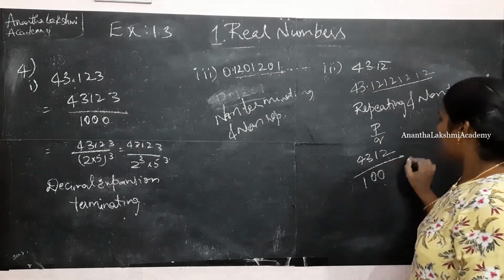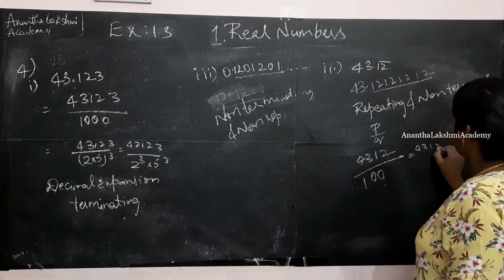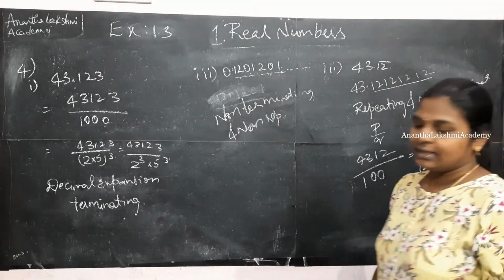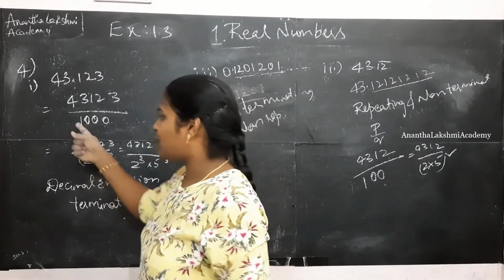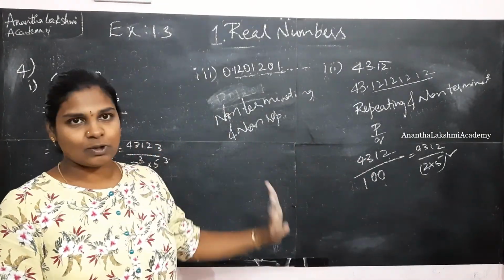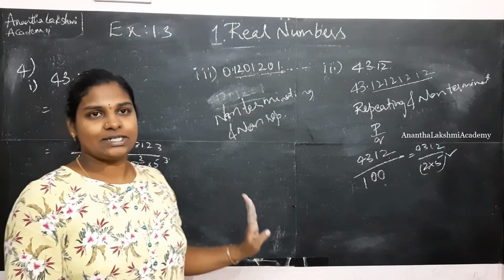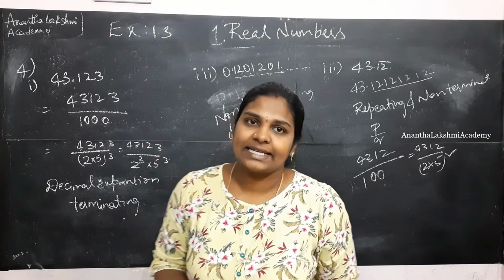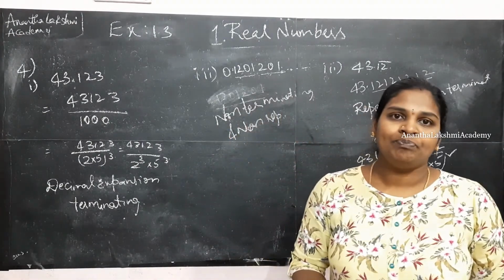Okay, this can be expressed in the form of 4312 by 2 power n 5 power m whole square. All right. For the first problem, I have solved it as a whole. For the next two problems, I gave you a hint on how to solve this because I thought these are a little complex. All right, so this is about exercise 1.3.